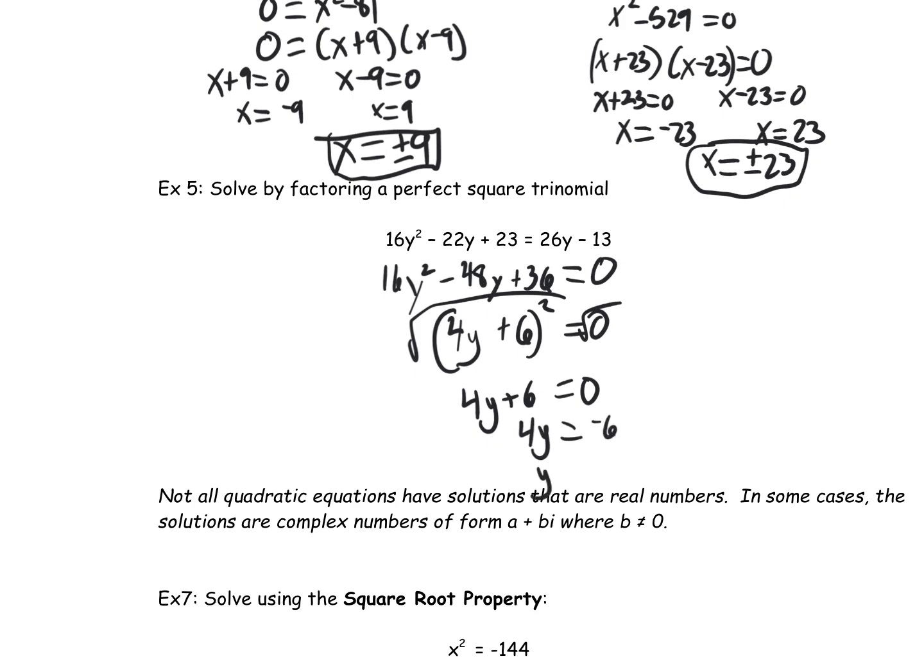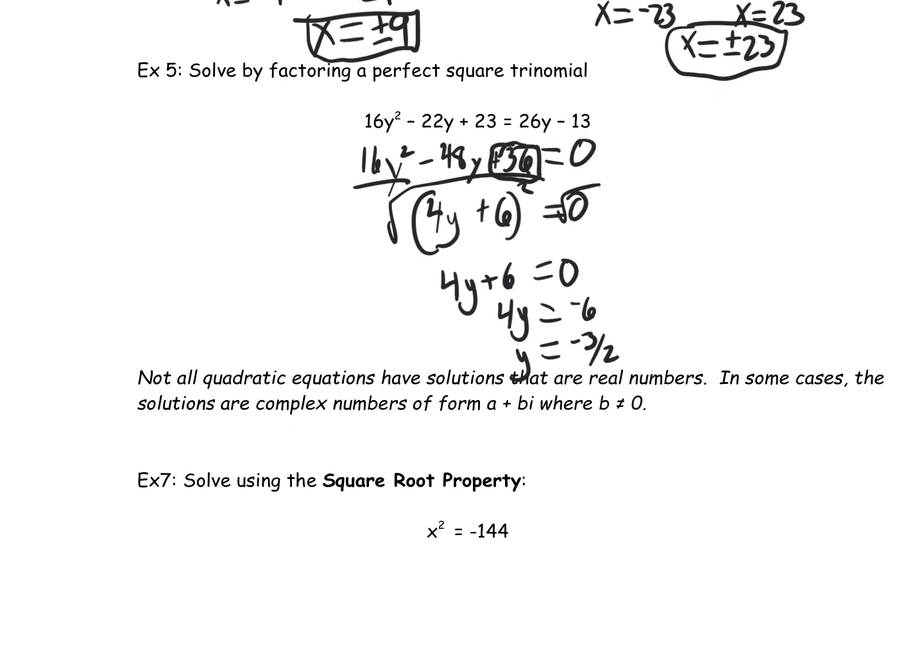Divide both sides by 4, and you get negative 6 over 4, which is negative 3/2. And that is our final answer. So it is very cool whenever you have a perfect square, and it's only the case when it's a perfect square in the first term and a perfect square in the last term, and it's a plus perfect square, that you can do that. Just take the square root of the first, square root of the last, and bring them together.